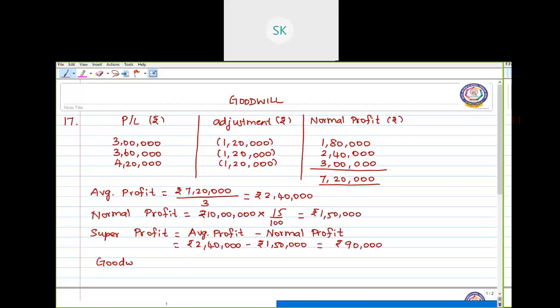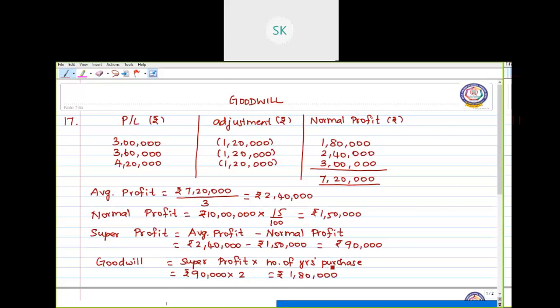And the formula to find out goodwill is super profit into number of years purchased. So super profit is rupees 90,000, and the number of years purchased given in the question is 2. So the goodwill of the firm is 1 lakh 80,000.